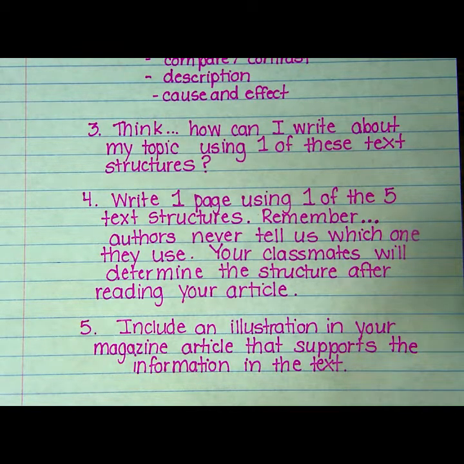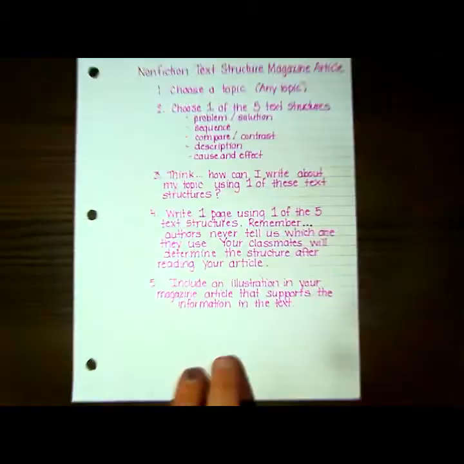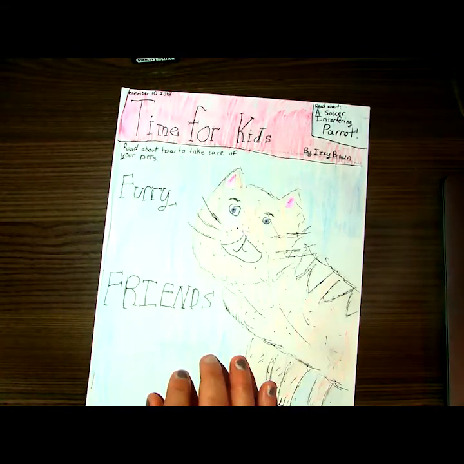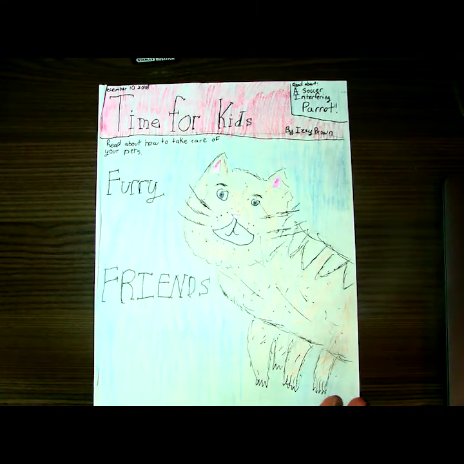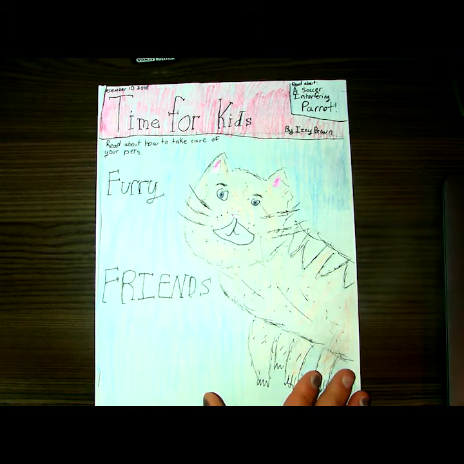So I want to share with you guys a couple former student examples. These are students that I had in class. This is actually from 2 years ago at Gullet. And this is from a student who wrote about furry friends. So her topic was all about furry friends. And she even created like her own magazine.